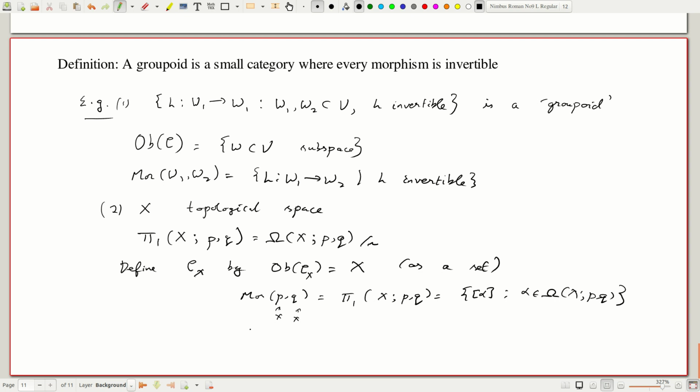So I have to tell you how to compose morphisms. So composition is just star. Okay, so this is what is called a fundamental groupoid. We'll see this again, and we will use it much more when we define the fundamental group in the next lecture.